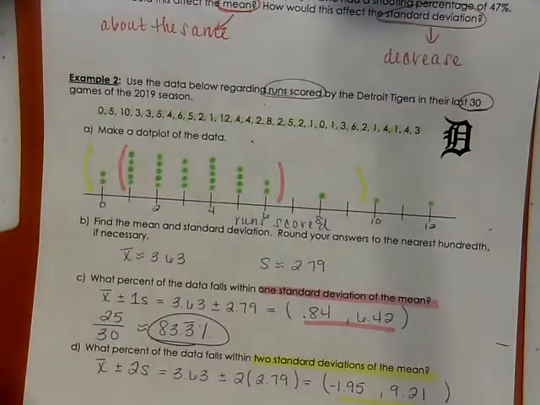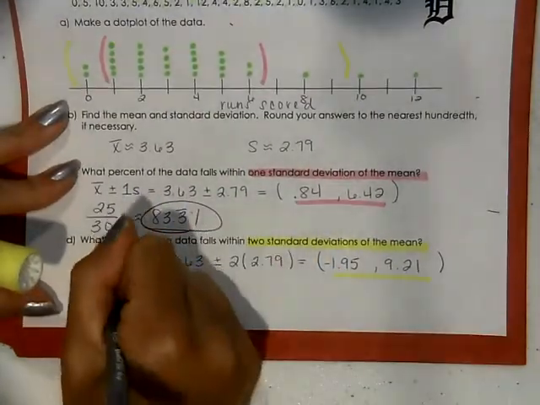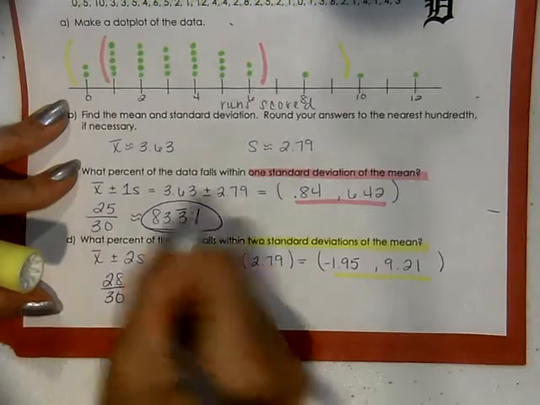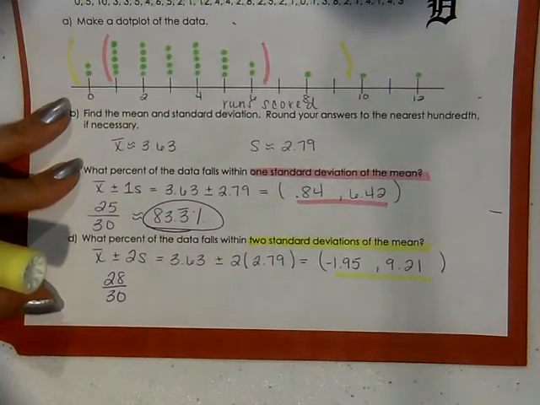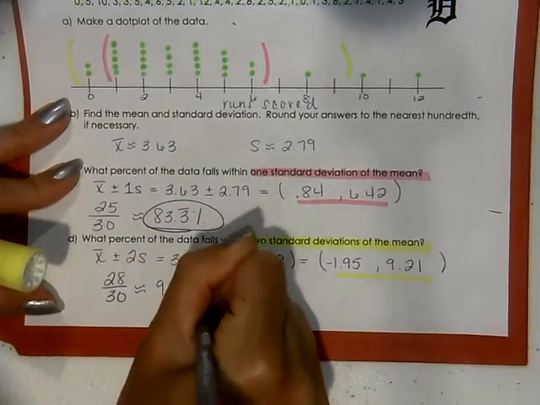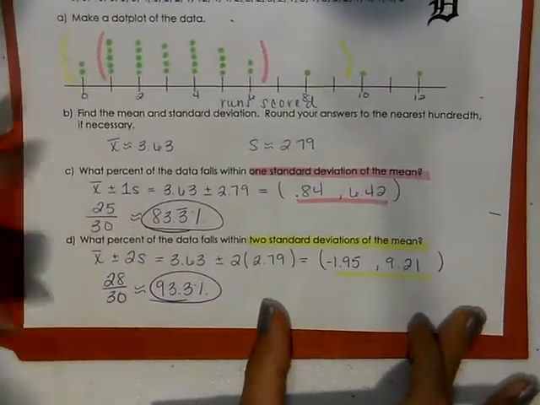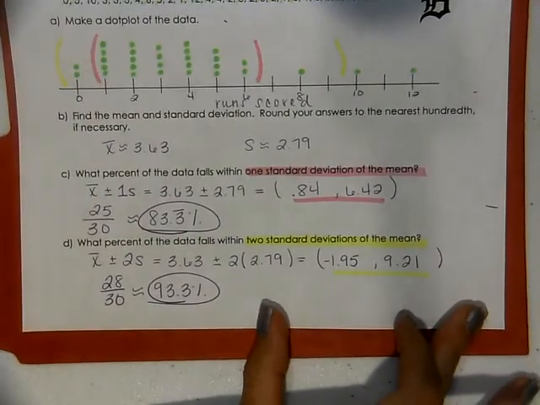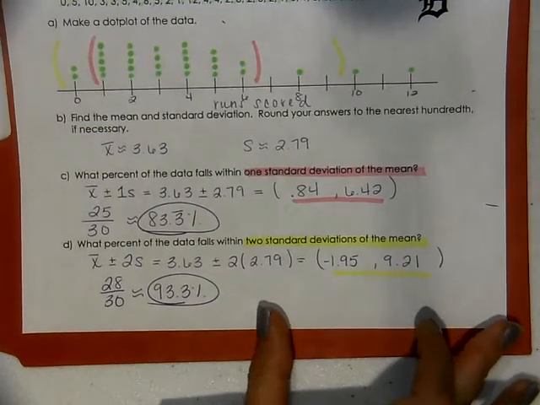So that is about 28 out of 30 within that interval, which gives us 93.3%. So yes, the more standard deviations we go out, the higher percentage of the data the interval is going to include.